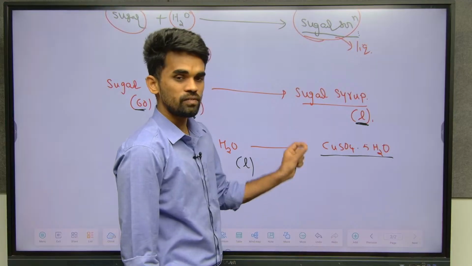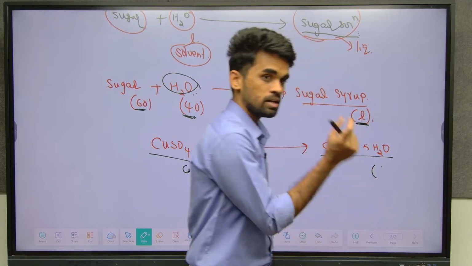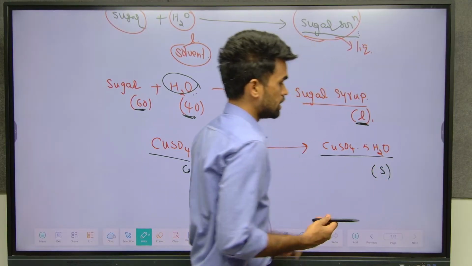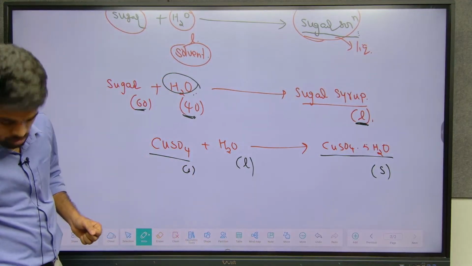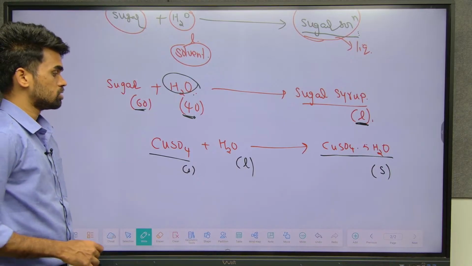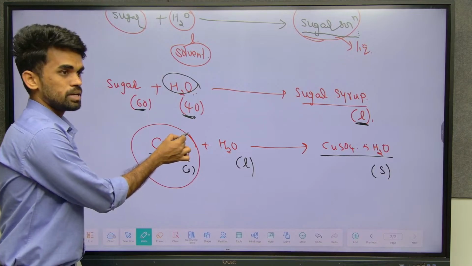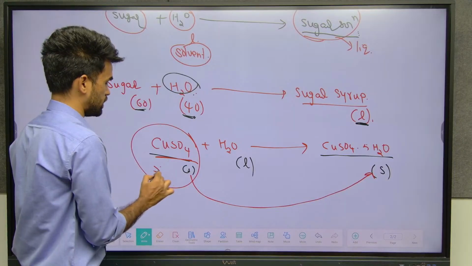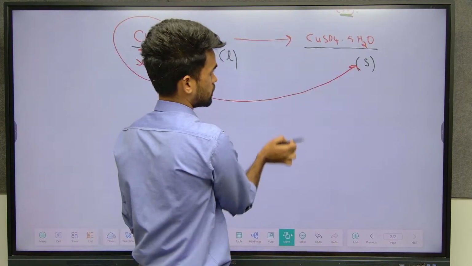It is also in solid form, a blue colored thing. So now identify which is solute and which is solvent in the given mixture. Water is the solvent, because it has the same physical state as the solution. Everyone clear with this? Okay, next.